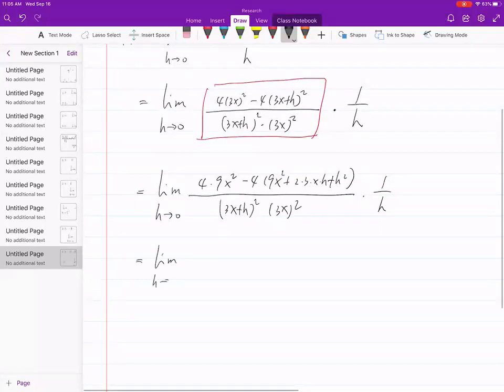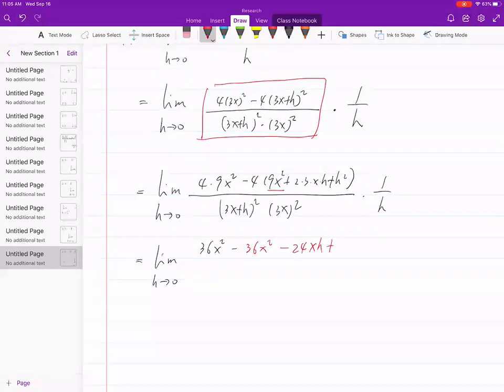Be patient. It's a lot of terms. Okay. 4 times 9 is 36x squared. 2 times 3 is 6, minus 24xh, plus, which is minus 4h squared, coming from this term here. When you distribute the negative inside, make sure you flip everything. Okay, and they cancel.